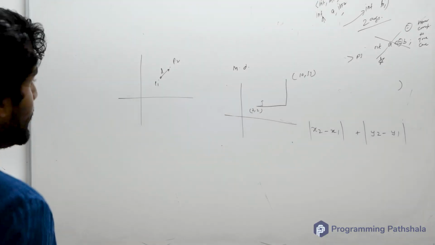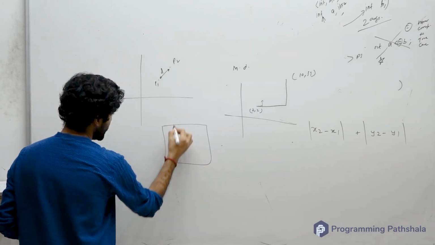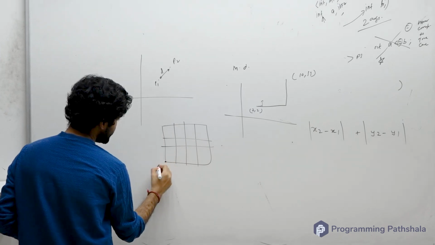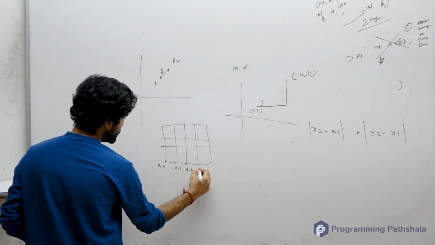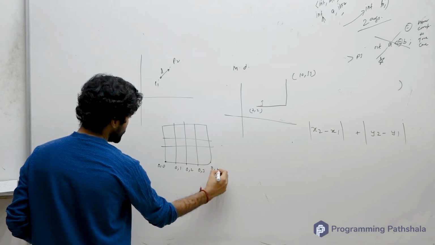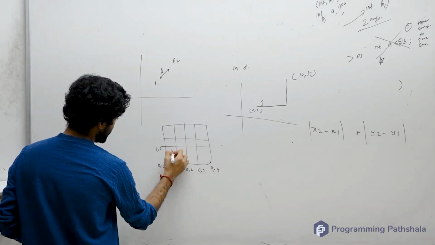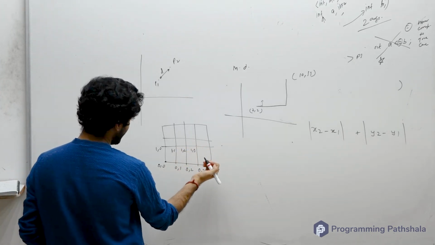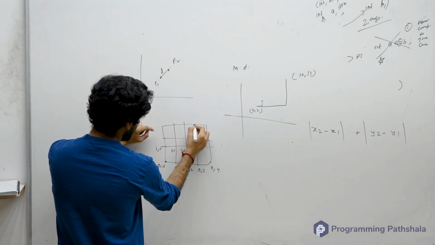So you can very simply assume it as if there is a grid, okay, and let's say this point is 0 0, this is 0 1, 0 2, 0 3, 0 4, 1 0, 1 1, 1 2, 1 3, and so on. You will have 1 0, 2 0, 3 0, 3 1, 3 2, 3 3, okay.